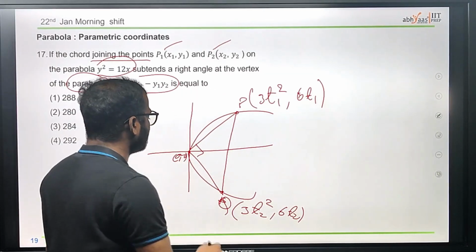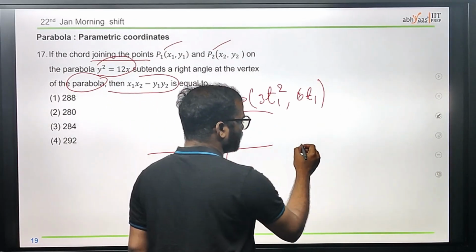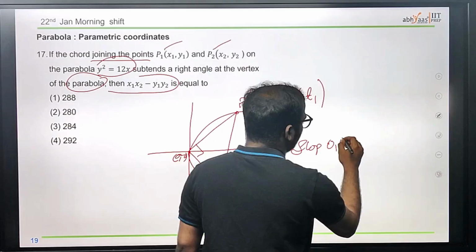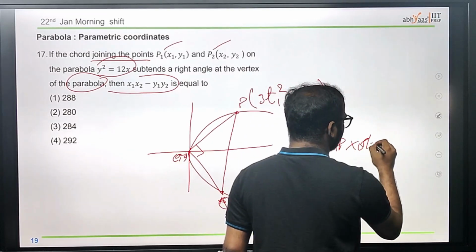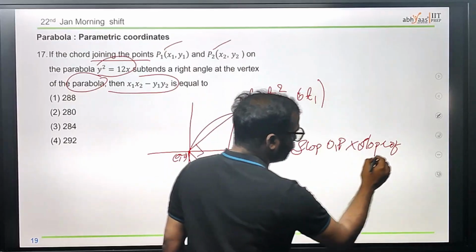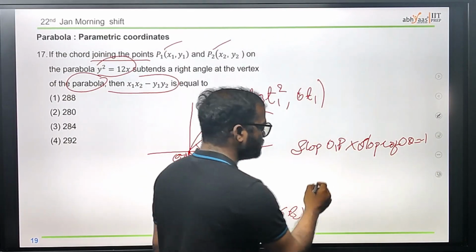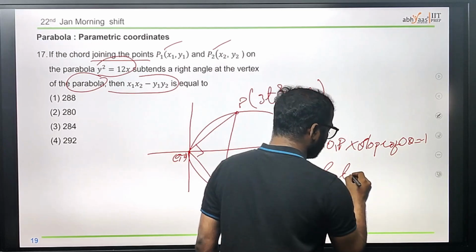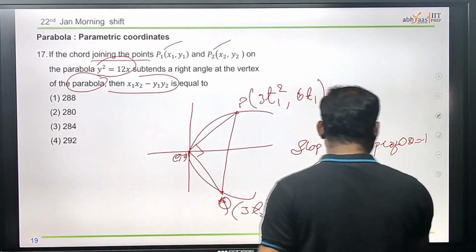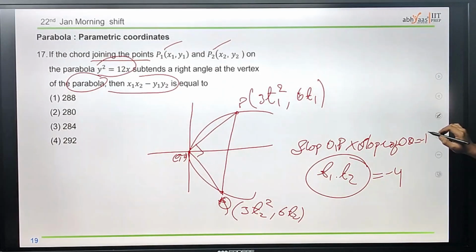Now we can easily find the slope of OP and slope of OQ, and the product of the slopes of OP and OQ equals -1. By using this, we can easily find t1 into t2. After finding that, if we find t1 and t2, which gives us -4, we can easily find x1 and x2, and y1 and y2.